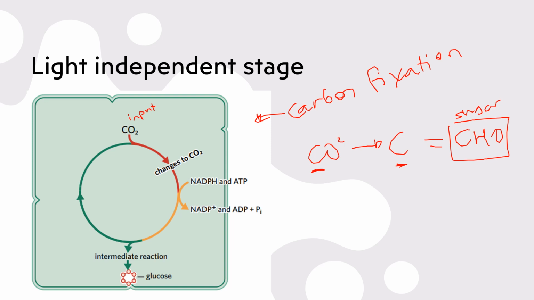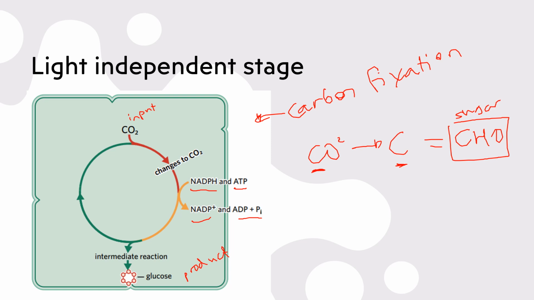This carbon fixation process heavily relies on the activities of NADPH and ATP. So they're our coenzymes that we loaded up in the first stage. So they are converted back into their unloaded forms because they're used up in this carbon fixation process. All right, and then we have our product, which is glucose, or our sugar molecule that the plant really needs.